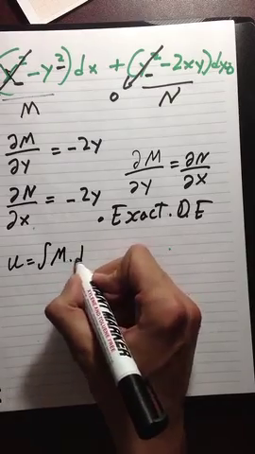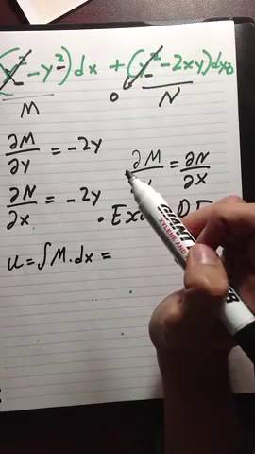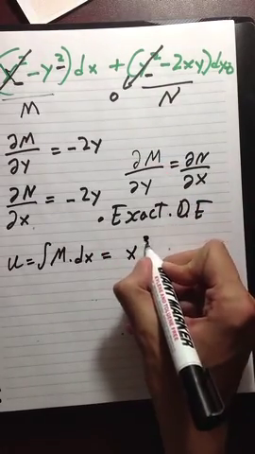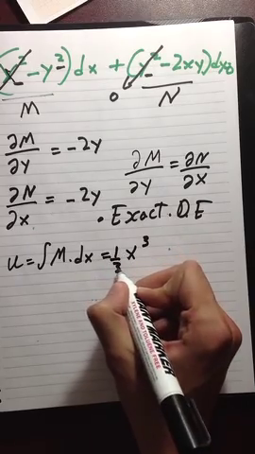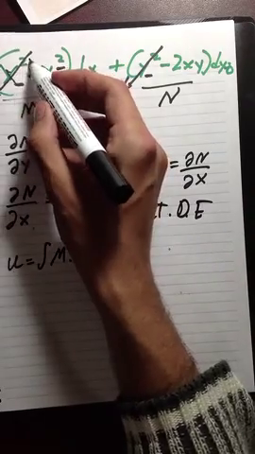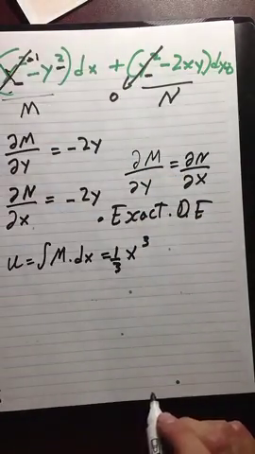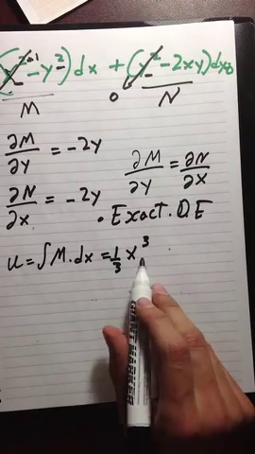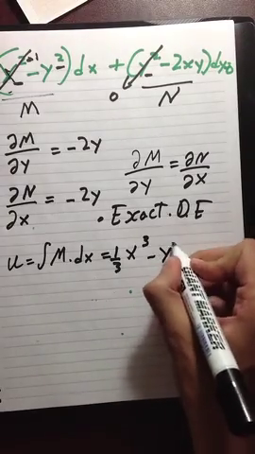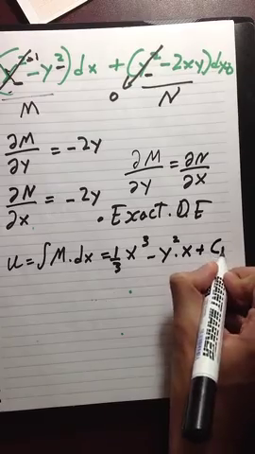We get the integral of M with respect to x. Okay, I scribbled all over the place, but anyway, x squared becomes x cubed over 3, because in integration you increase the power by 1 and divide by the new power. So we get a third x cubed, and then minus y squared becomes minus y squared times x, we simply add an x, plus c1.